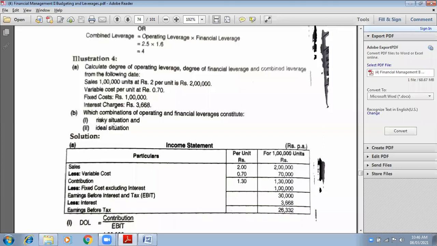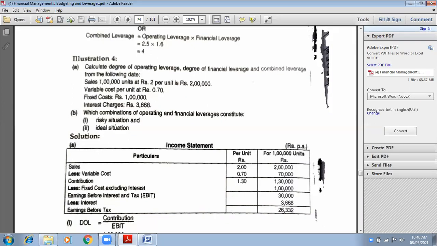Okay, now look at the last question, B part. Which combination of operating and financial leverage constitutes a risky situation? When both the leverages are high, it is a risky situation. Very simple. When the degree of operating leverage and the degree of financial leverage are both high, it constitutes a risky situation.